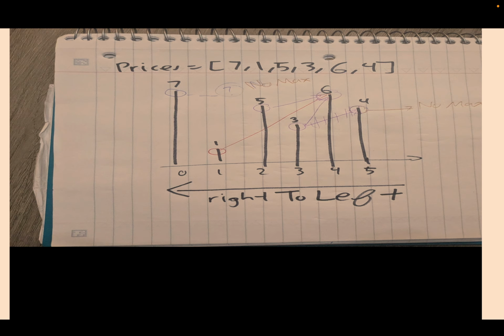If we take a look at 7, all the way at the left, there's no bar to the right which shows any stock price that is greater than the value of 7. So the max profit generated from a buy at 7 is 0.